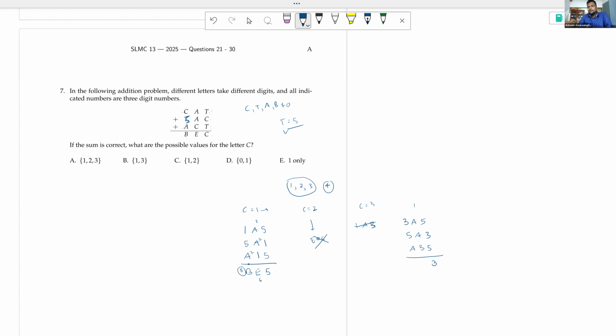And let's say A is equal to 1. Hold on. Yeah, the maximum number A can have is 1, because if it is 2, you're gonna be in trouble. So this is going to be 9. A is equal to 1. So you have 1, 1, 3. And then you have plus 1 from the addition, so you get 9, 6, 3. So you can have either 1 or 3.